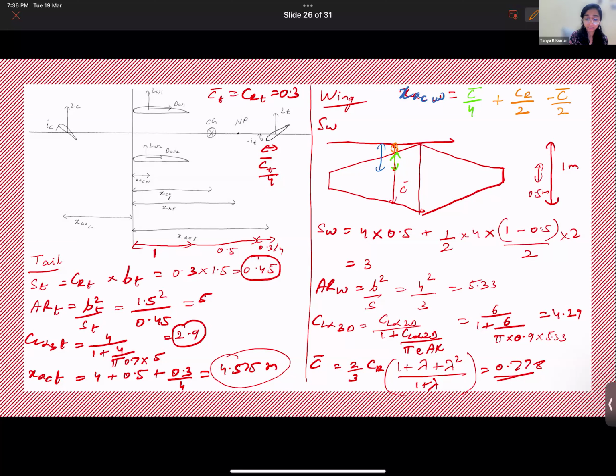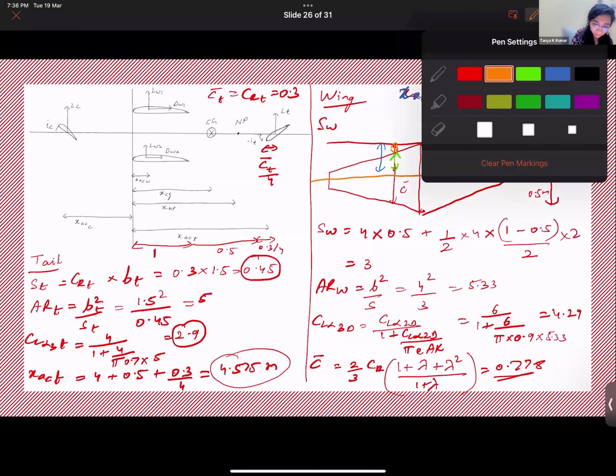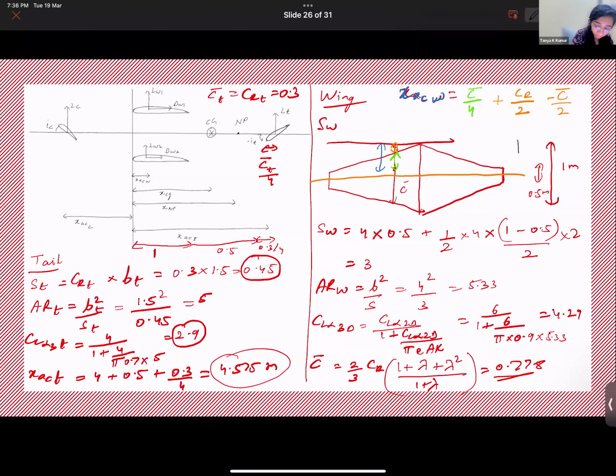So taper axis is mid-chord. Remember that. So this is CR by 2, correct? And this is C bar by 2. Now does it make sense? Is my XAC wing formula correct?